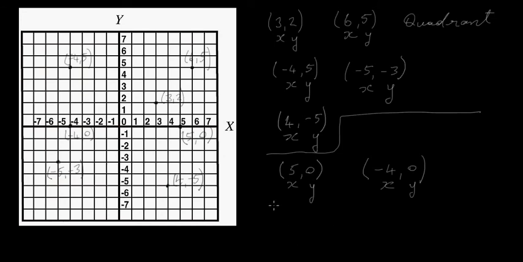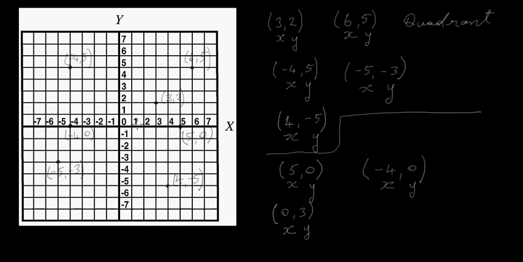So let's take the point 0, 3. Now our x value here is 0 and our y value is 3. So on the x-axis we start at 0. We don't go out along the x-axis at all because it has a value of 0.